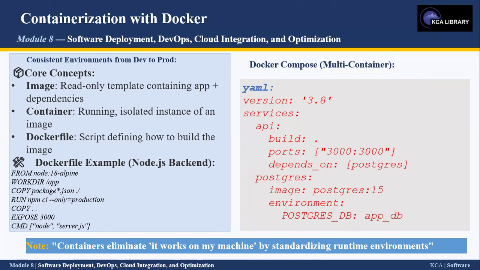Core concepts are images, which are read-only templates containing apps and dependencies, and containers, which are running isolated instances of images, while Dockerfiles define how images are built. Example Dockerfile for a Node.js application. For a multi-container app and database, we use Docker Compose. Containers standardize the runtime environment from development to production.